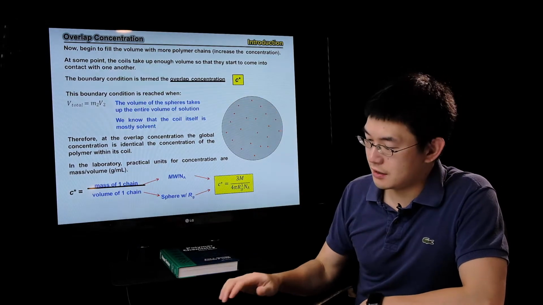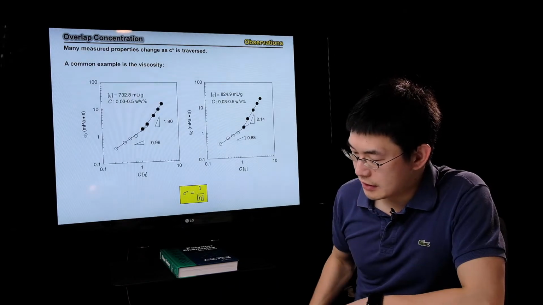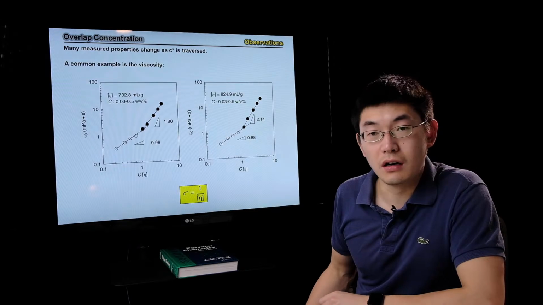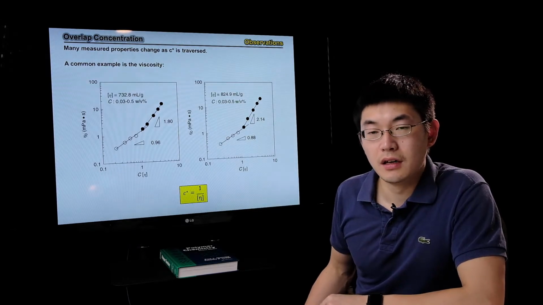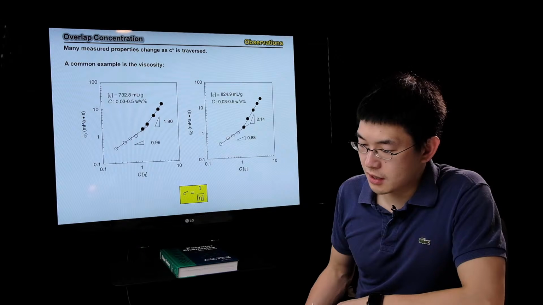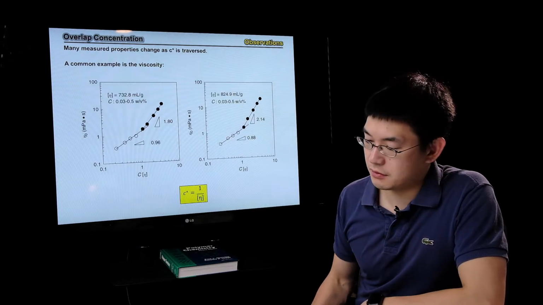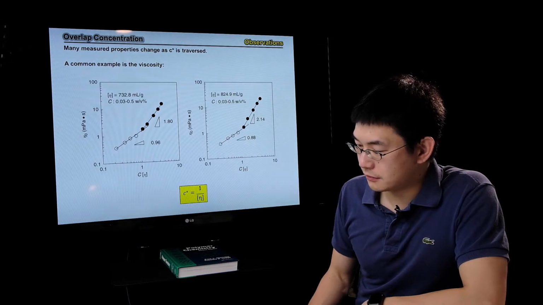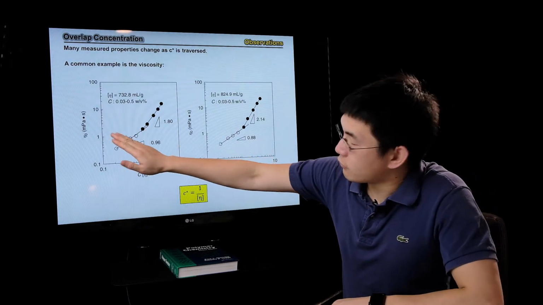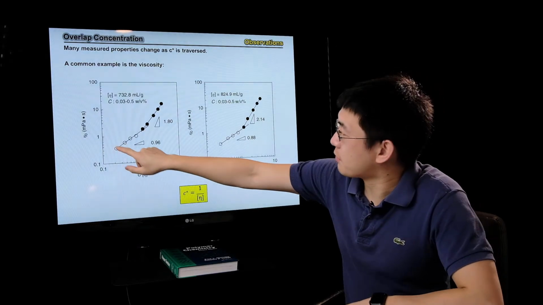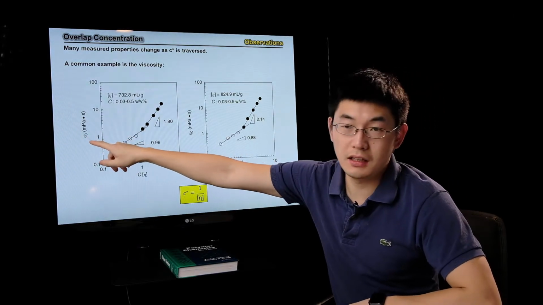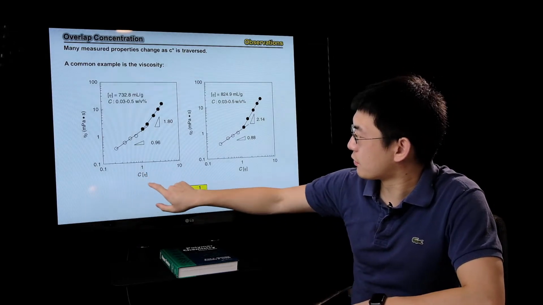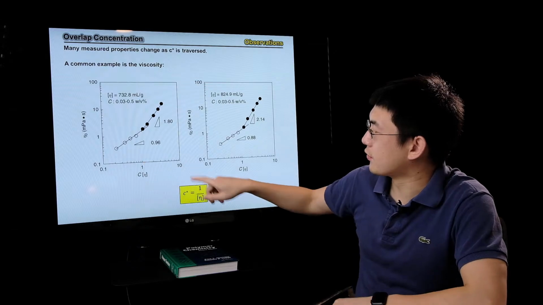And this has some significance in the physical properties of the polymer. One of the easy ways you can understand is to study the viscosity with respect to the concentration. There is also quite a classic study, for example, where you can plot viscosity, which you can measure in a viscometer or rheometer, against the concentration of your material.